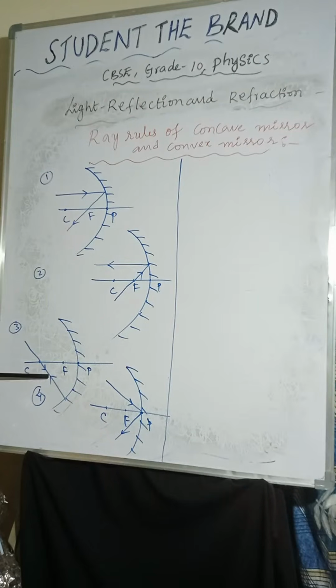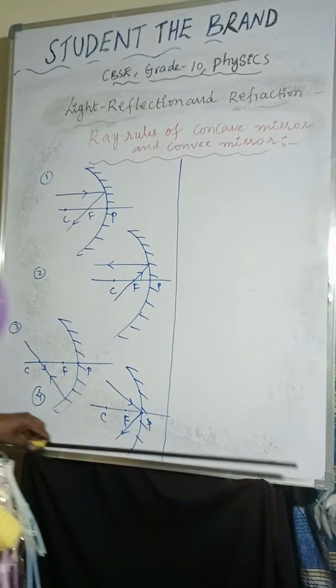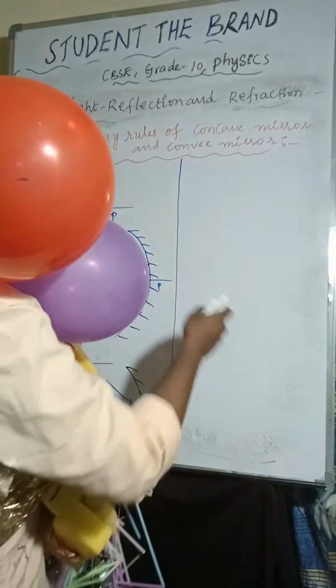A light ray passing through the center of curvature, after reflection retraces its original path. A light ray incident at the pole reflects back. Okay, now coming to the concave mirror.